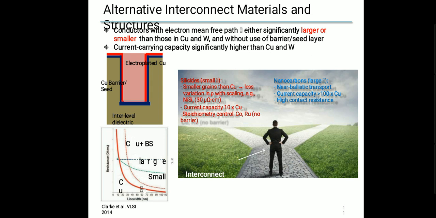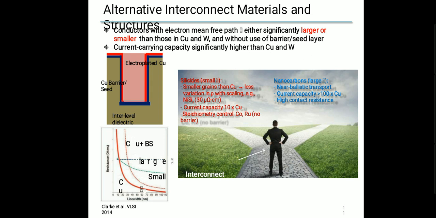Copper and wolfram or tungsten, without the use of a barrier or seed layer. Then current carrying capacity significantly higher than Cu and wolfram, meaning the current carrying capacity is more than copper and wolfram.